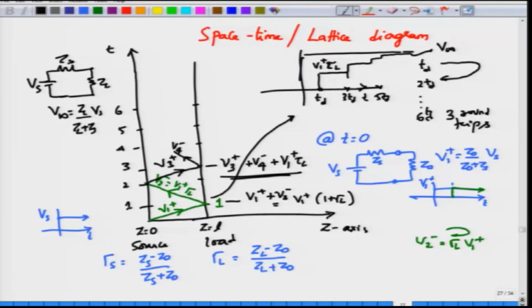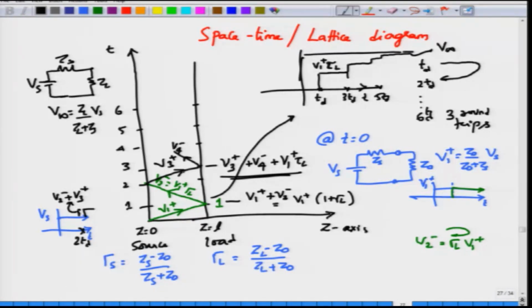So, this is the voltage that you would see on the load, and at the source what you would see is initially you would start seeing this V1 minus, but at 2 Td, because there will be a voltage V2 minus that comes in reflected from the load, you will see a total voltage change of V2 minus plus V3 plus. So, this step change will be V2 minus plus V3 plus.